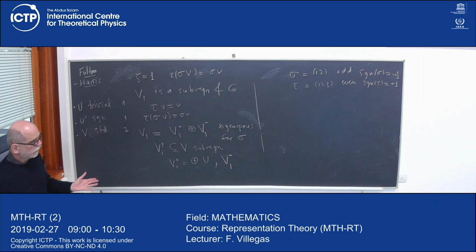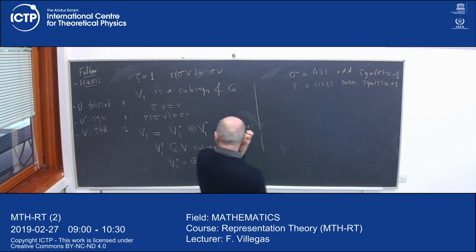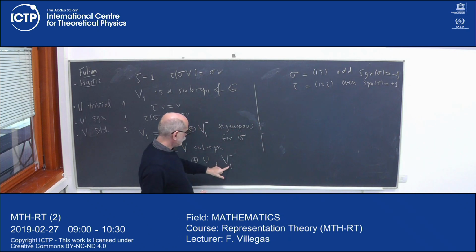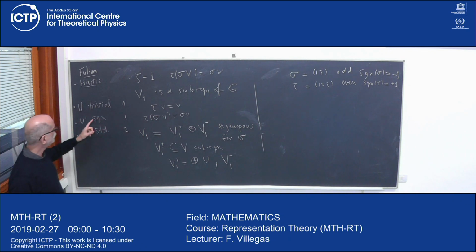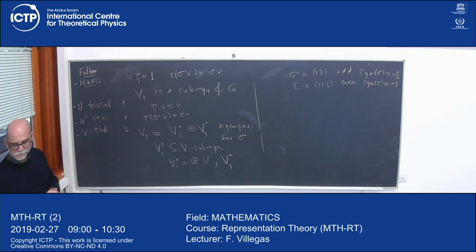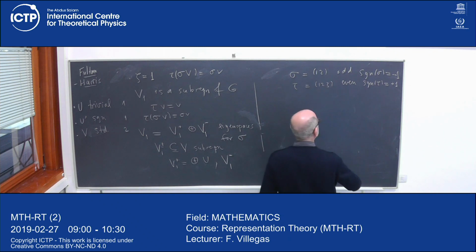So if we look at an arbitrary element of the group, the group is generated by sigma and tau, and the sign is determined by the signs of sigma and tau, which are respectively -1 and 1. So what I'm trying to say is that this representation is a sum of the sign representation, because the sign representation is precisely a one-dimensional one where sigma and tau act like this.